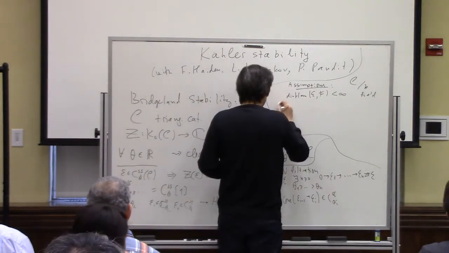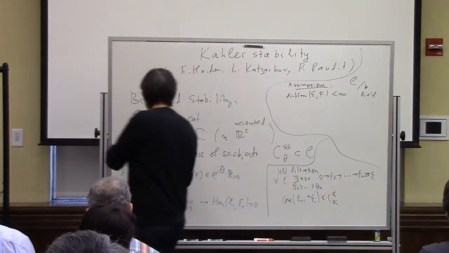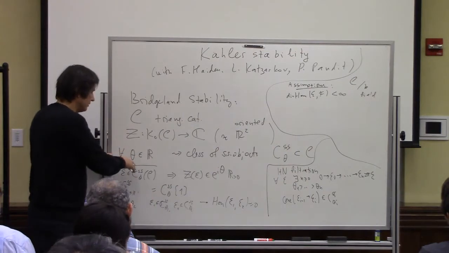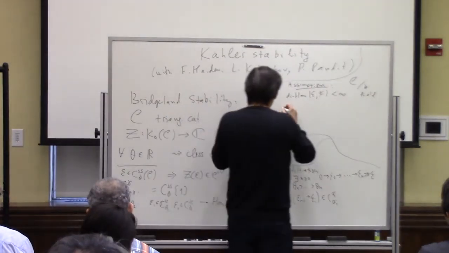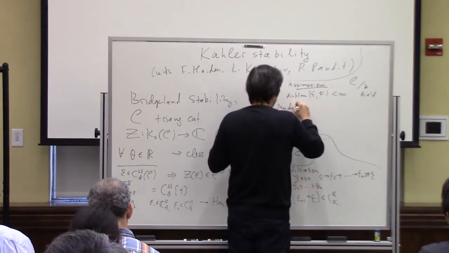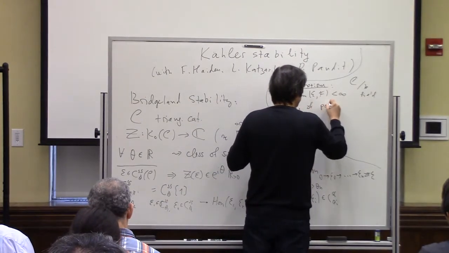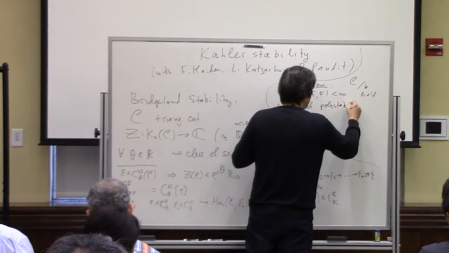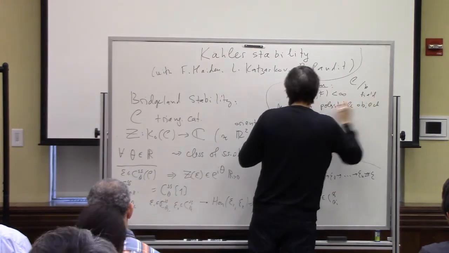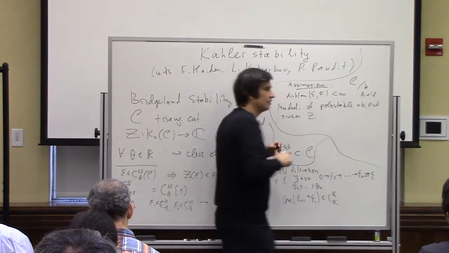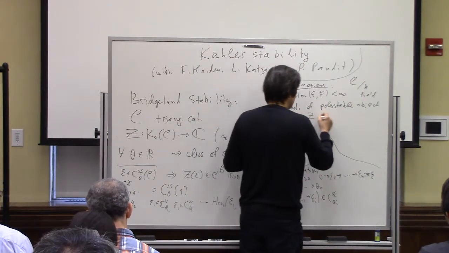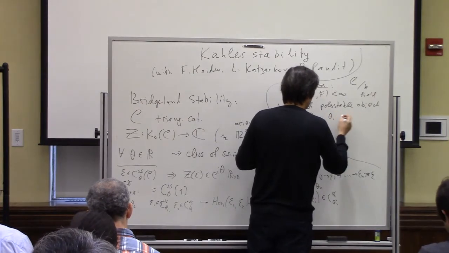And also, in this situation, you can consider stable objects and polystable objects with given central charge, and you consider the moduli space of polystable objects, given central charge and given theta.